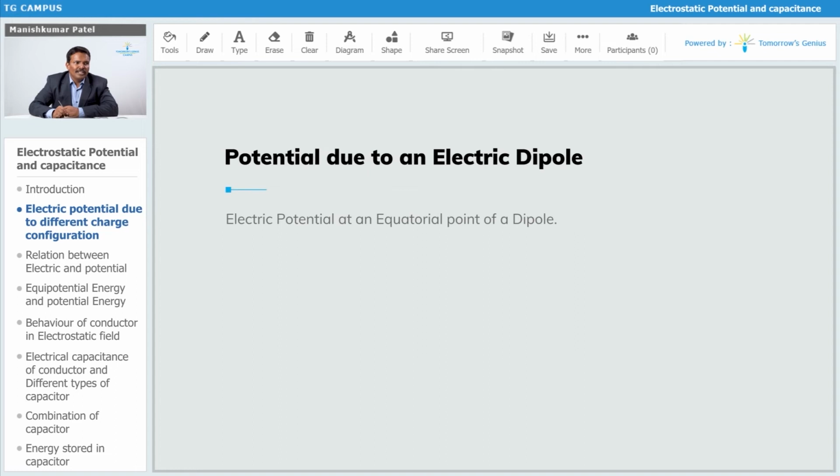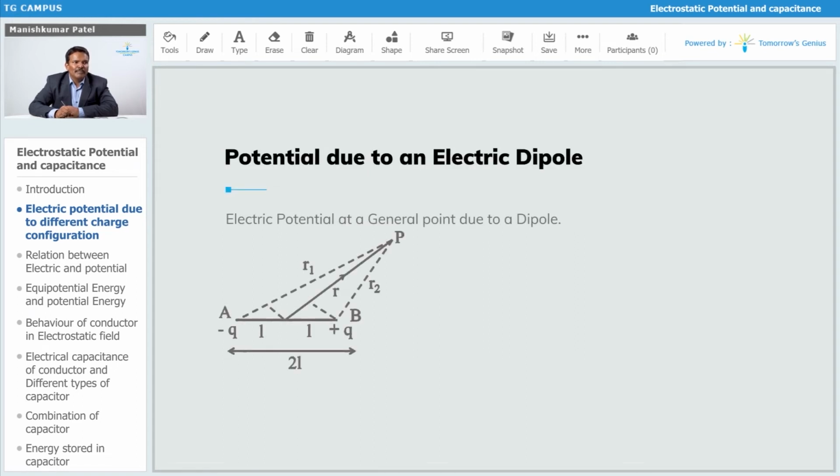Now in general you can find the potential at a general point due to this dipole also. If you want to calculate it, let P be the general point where you have to find that potential.